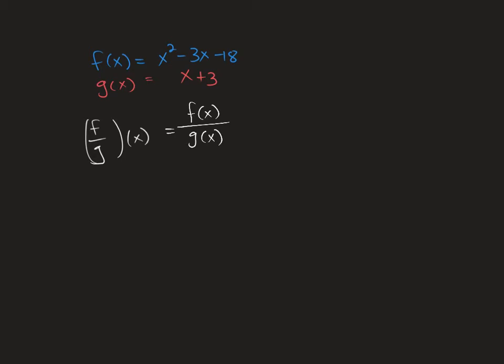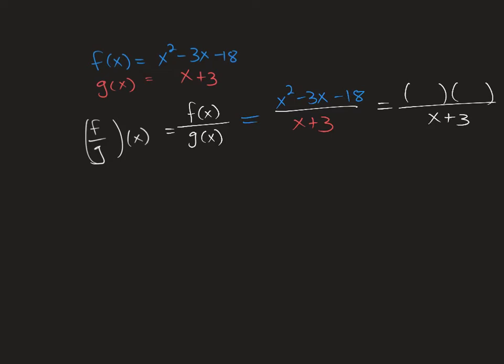So hopefully at this point you've gotten a chance to practice this on your own. So we'll first rewrite this problem. So f is x squared minus 3x minus 18 over g, which is x plus 3. And we want to factor the numerator. So the factored version of the numerator over x plus 3.